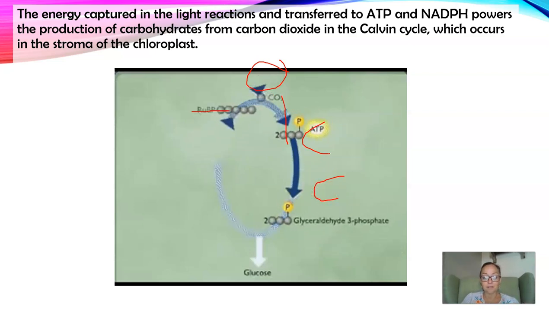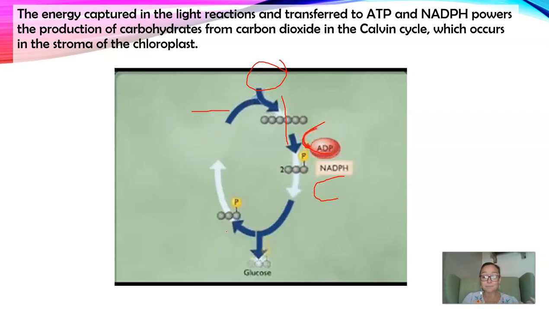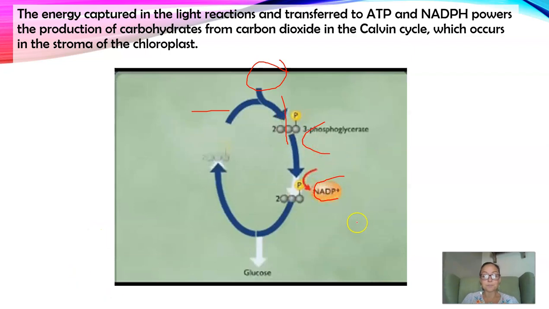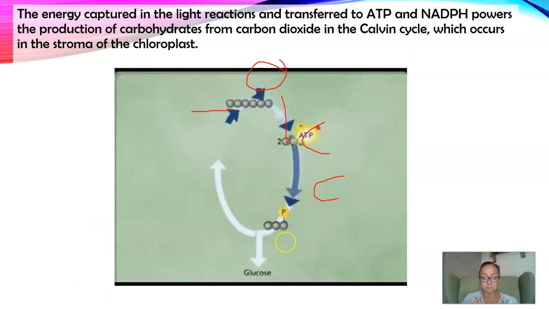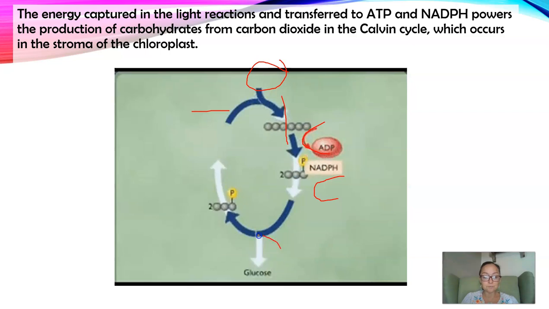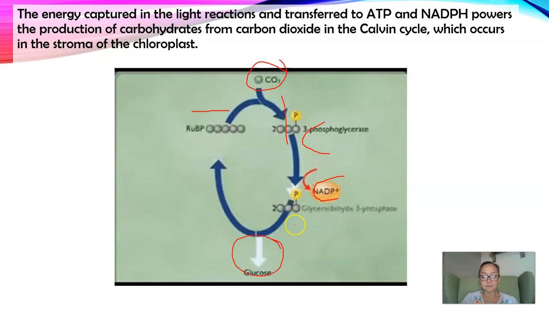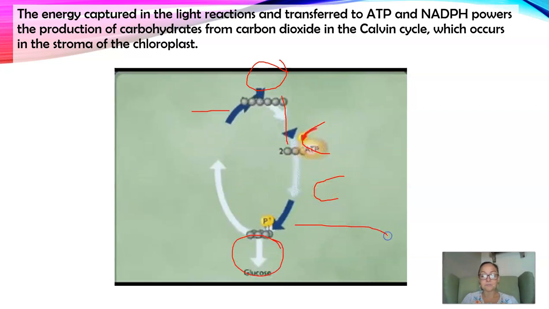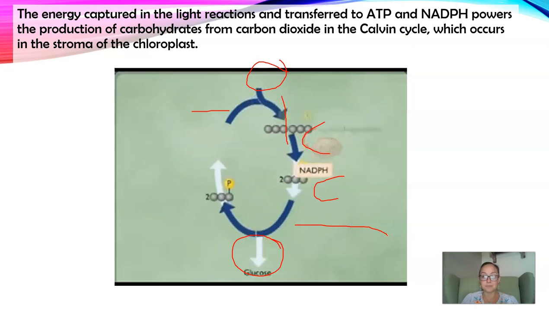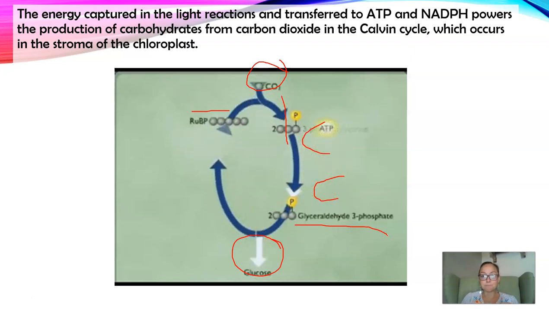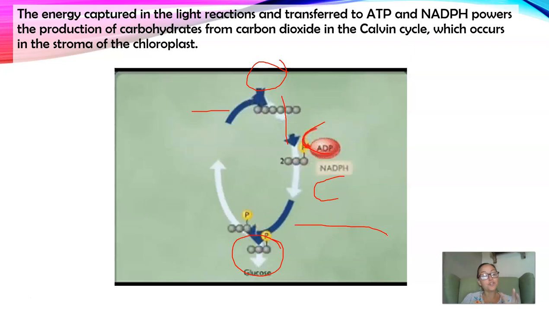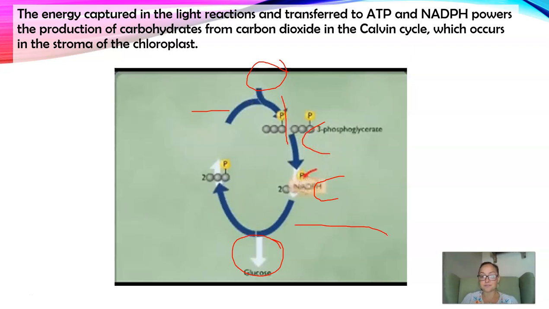One of the molecules produced, the main purpose of the Calvin cycle, is this molecule called G3P. So G3P is what comes here. This glyceraldehyde 3-phosphate, G3P, is a very simple 3-carbon sugar, and 2 of those will form glucose.